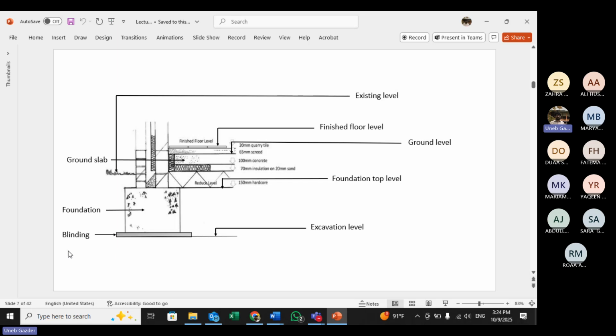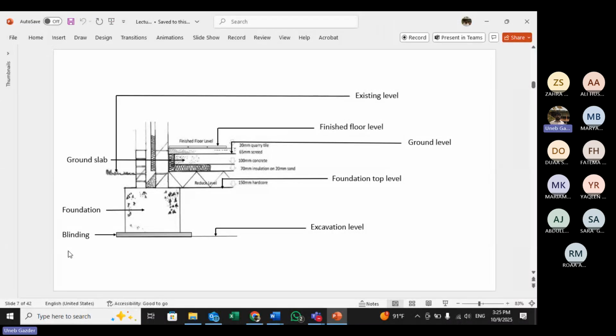If you go back to previous slides, you will see where I have shown the drawing of the footing or the foundation. Under it, you will see something like a blinding, like a small strip, a small rectangle. It is made up of weak concrete, weaker than the foundation, and it does not have reinforcement. The main idea is to protect the main foundation from water and from any cracking.